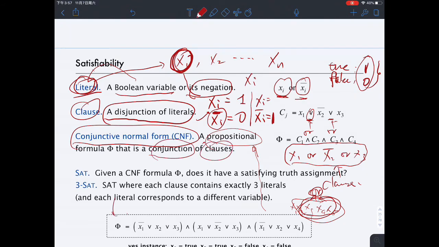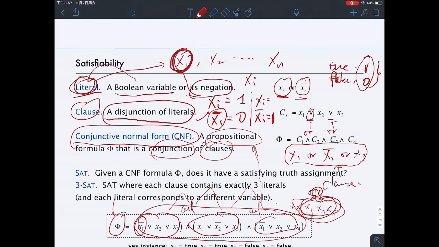So this is a clause, this is a literal, this is another clause. If I put AND operations to glue together each of the clauses, the entire thing is called the conjunctive normal form. So after I have the definition of these three layers of constructs, then I can talk about a problem called the SAT problem.